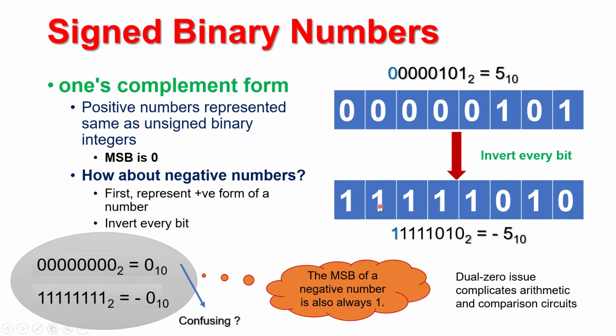Here, one thing to be noted: whether this number is -5 or any other number, the MSB of a negative number is always 1. This is the same as with signed magnitude, which we saw in the previous module, and with one's complement form. When the MSB is 1, you can say that the number is negative.